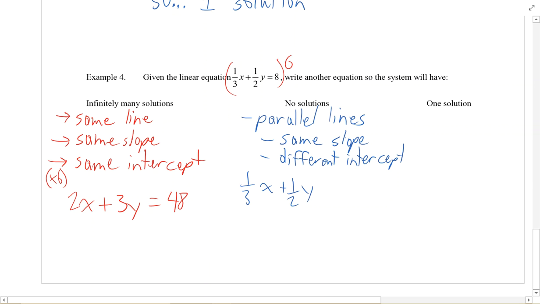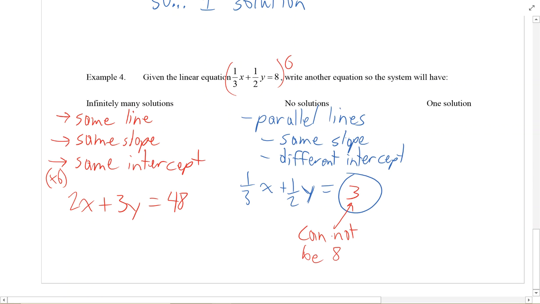That stays the same, but then your c value would have to be different. Pick a number, any number. Gurman. 3, sounds good. Now you have parallel lines. Okay, the only stipulation is that this cannot be 8.